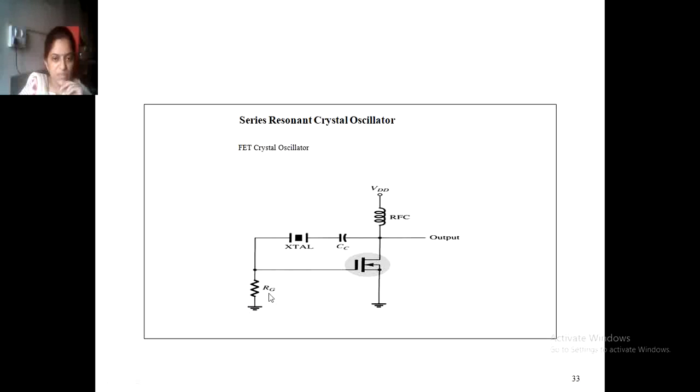This is the gate resistance, grounded. The crystal is coupled with a coupling capacitor, and the signal from the output is coupled through this crystal to the input of the FET. This is the circuit arrangement of the FET crystal oscillator.